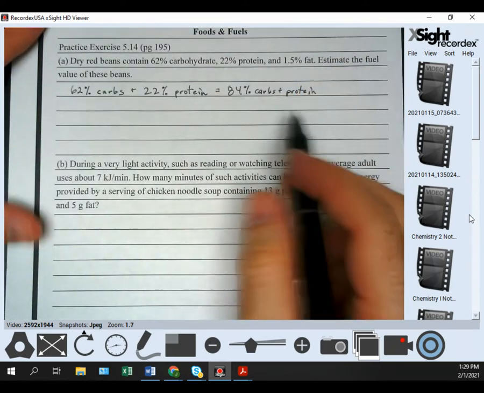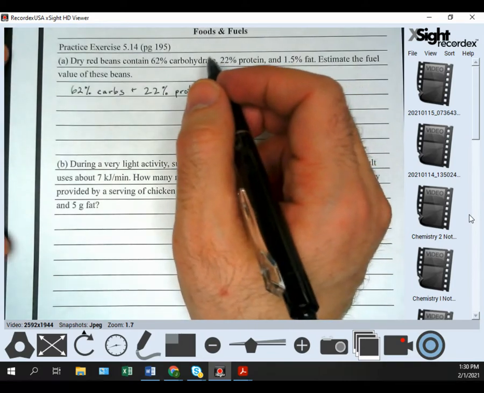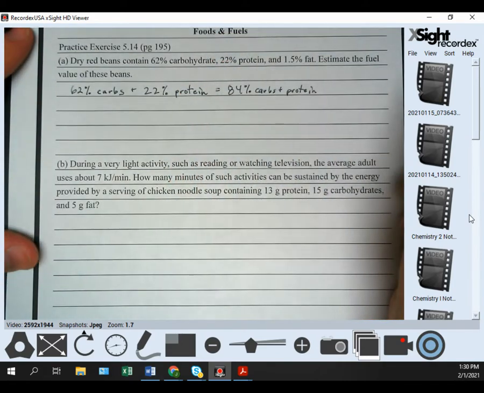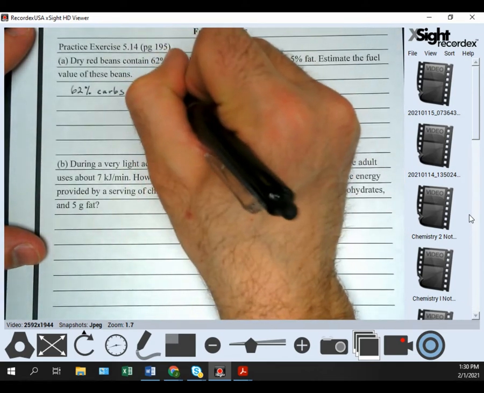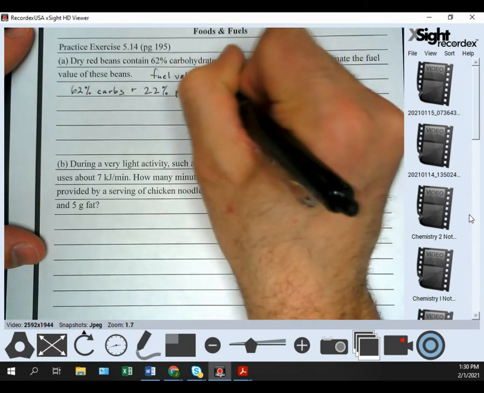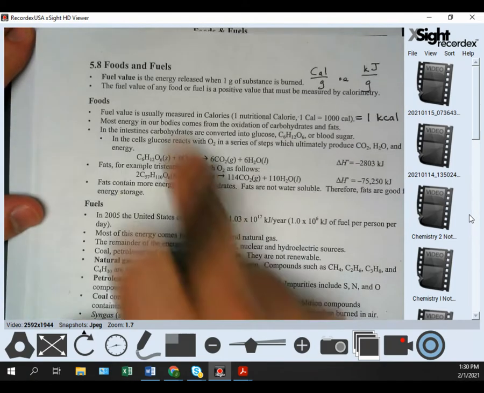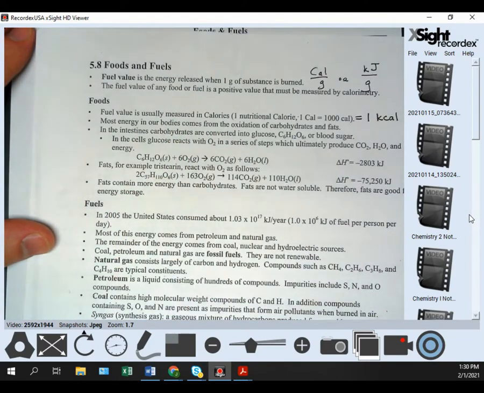So what we're looking for is fuel value, right? Now, if you remember from the notes, fuel value is the energy released when 1 gram of a substance is burned, correct?